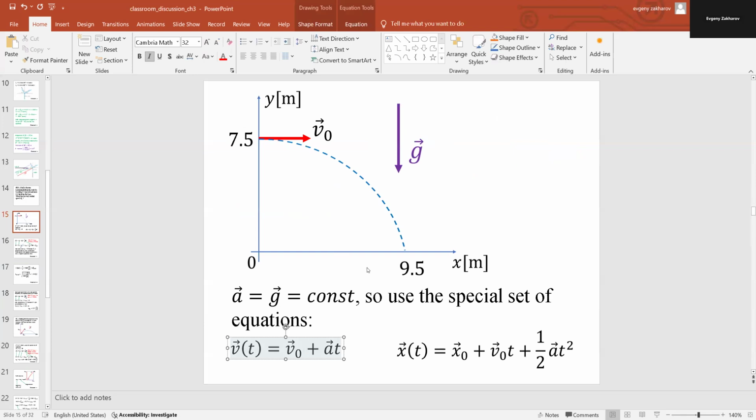Depending on what's given, depending on what's missing, you set up the system of two equations, see what's given, see what's missing, and solve with either substitution or elimination. Just be careful with vectors, because vectors can be positive, negative, or if they're perpendicular onto a certain axis, then the component is 0.